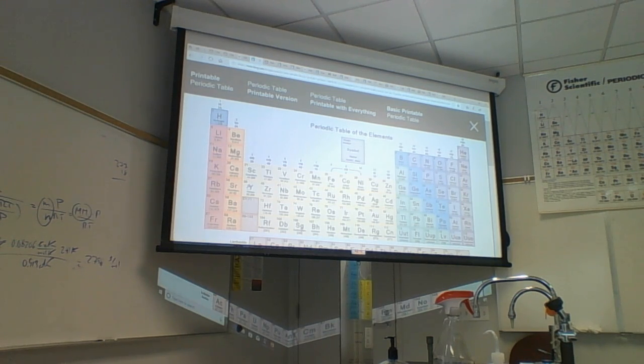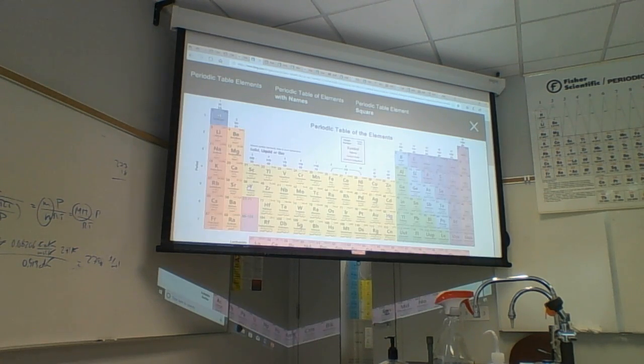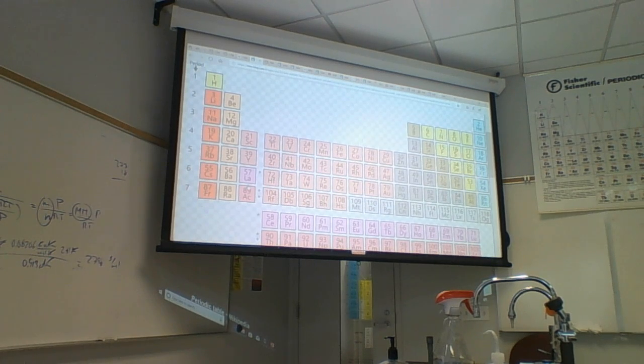So you can see after barium, it drops down to lanthanum there. Take a look at what happened here. You see the difference?